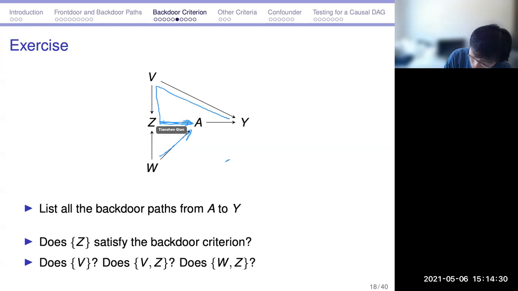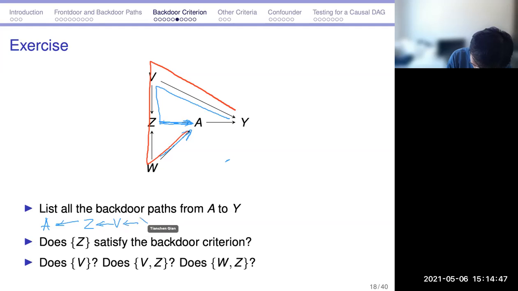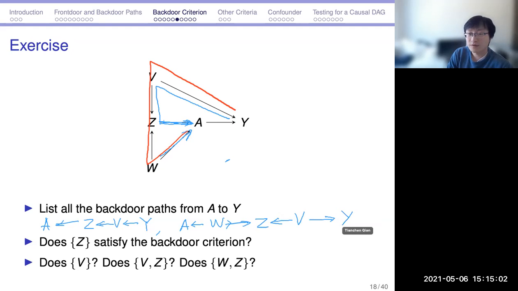So this is one backdoor path, and this is another backdoor path. In other words, the backdoor paths are A, Z, V, Y, and A, W, Z, V, Y. So these are the two backdoor paths. Any questions for this?